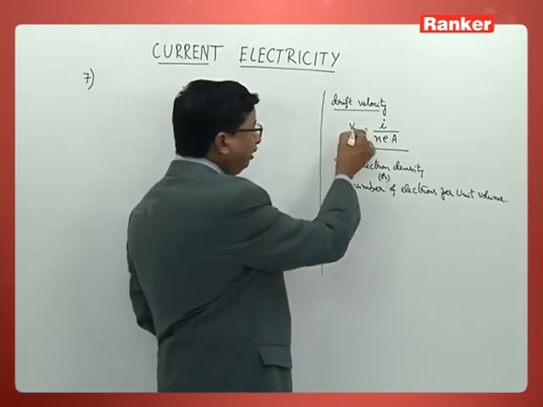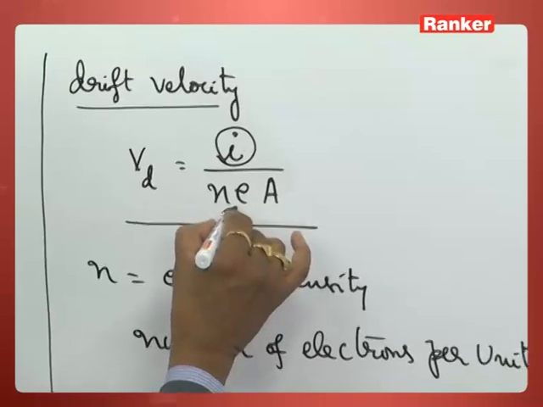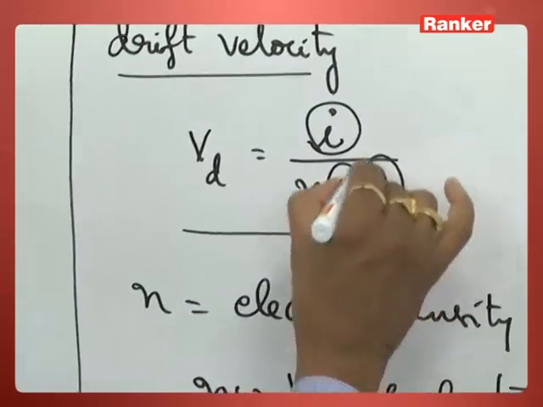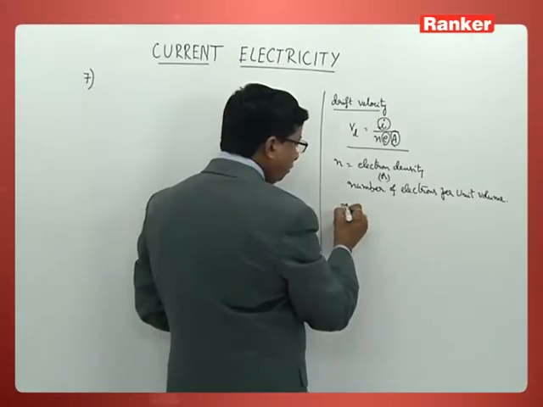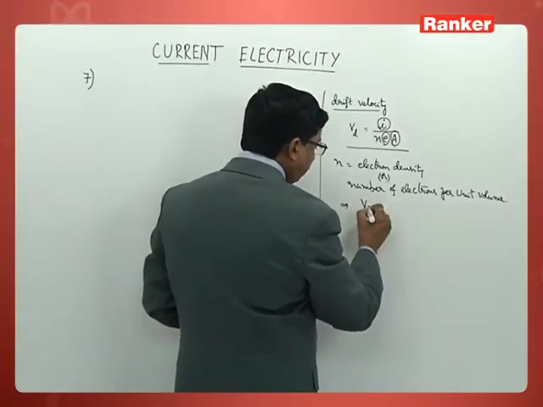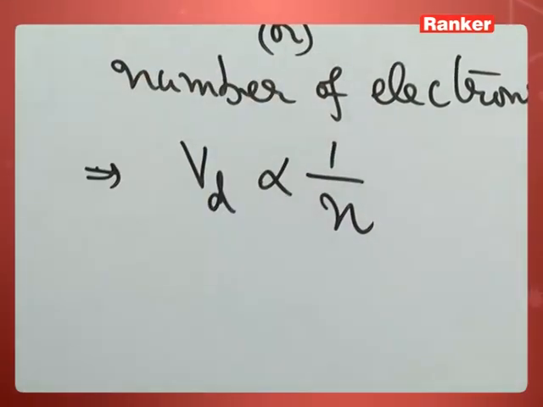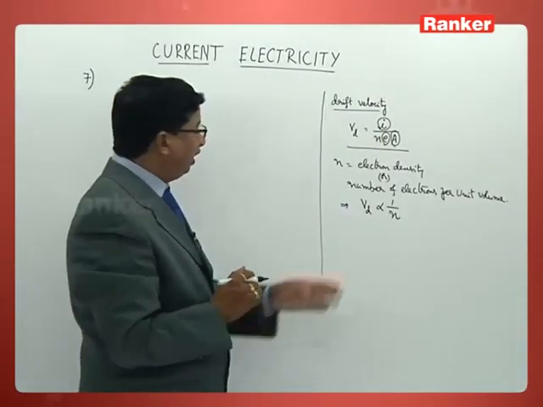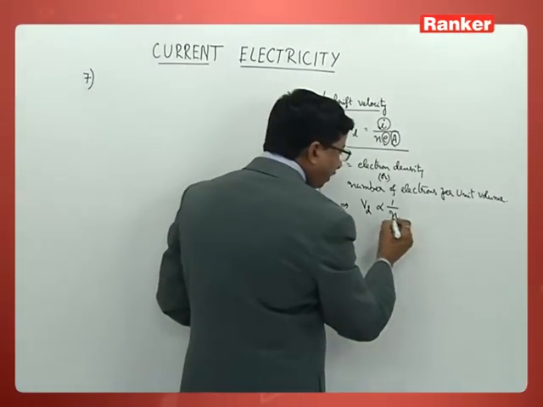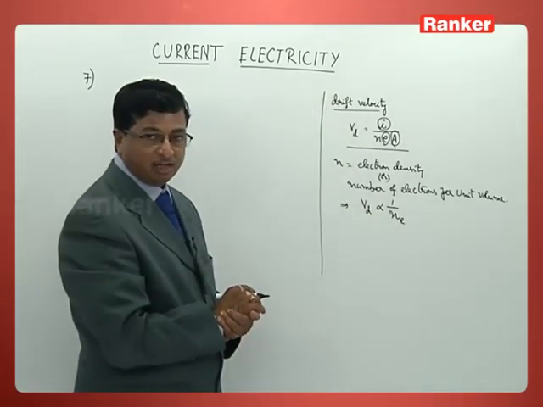So if you look at this equation carefully, when current is constant, charge is same, area of cross section is same, then what can I write now? Drift velocity is inversely proportional to electron density. When I take this one as electron density, I can write it as Ne.